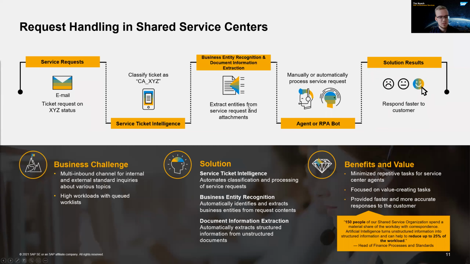the service request body. This is where business entity recognition helps, as my colleague Tomasz explained at the beginning. But also the entities from the attachments get extracted via document information extraction, which we have just seen in the live demo.